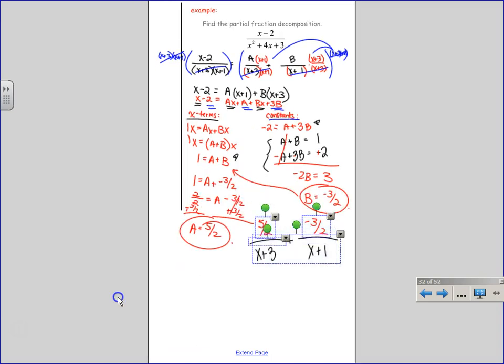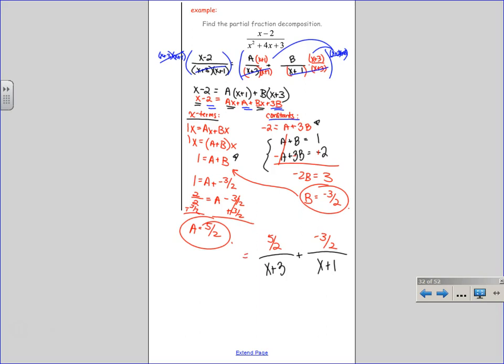And you're exactly right. So what would the back of the book have done? They would have said, well, let's simplify our complex fractions. Let's multiply top and bottom by 2. And you'll end up with 5 over 2 times x plus 3 minus 3 over 2 times x plus 1.